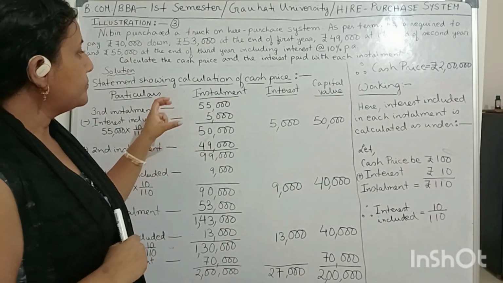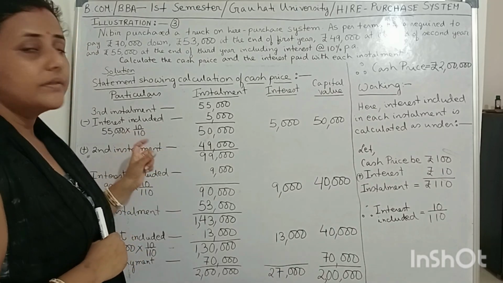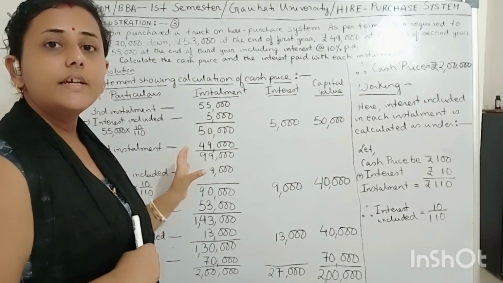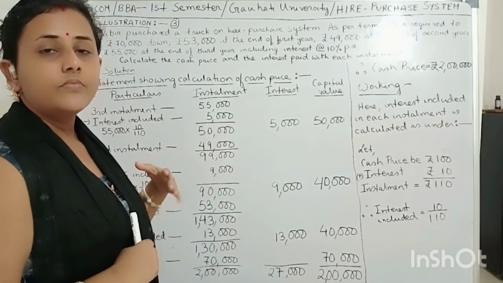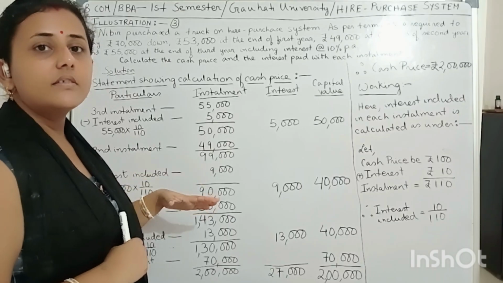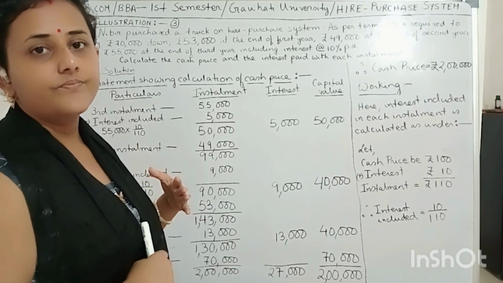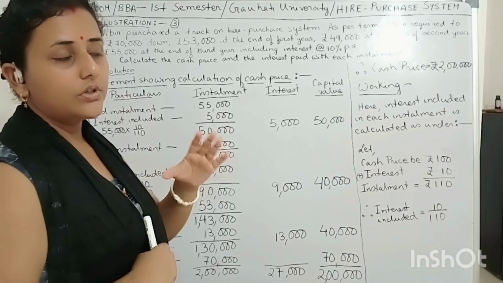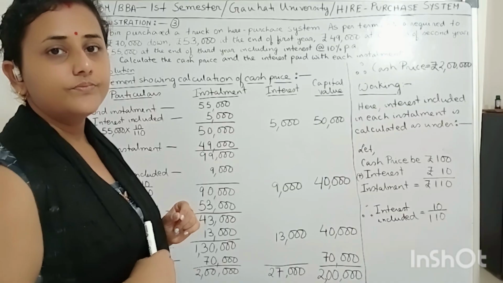We wrote the first installment, then added interest, then less second installment, then again added interest, then less third installment, then again added interest. Yes or no? That was the statement showing calculation of interest for each year.